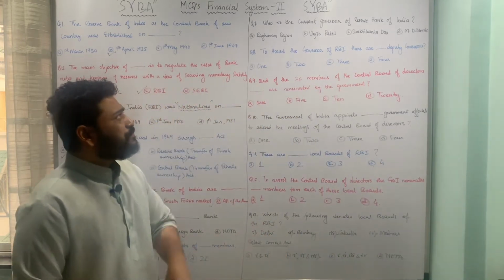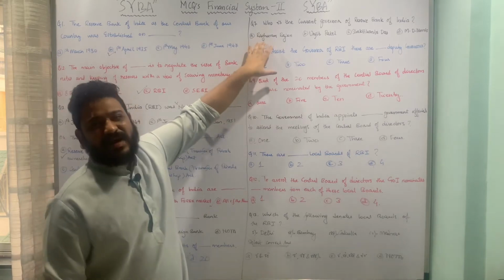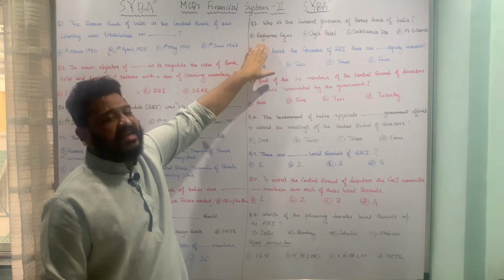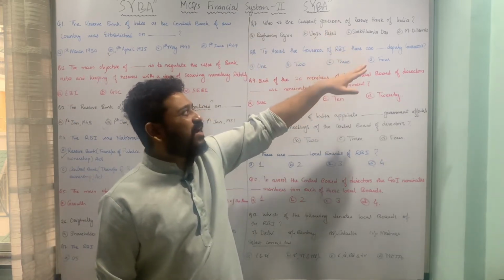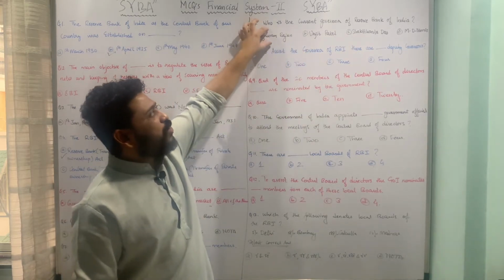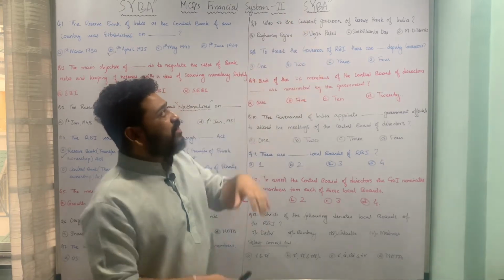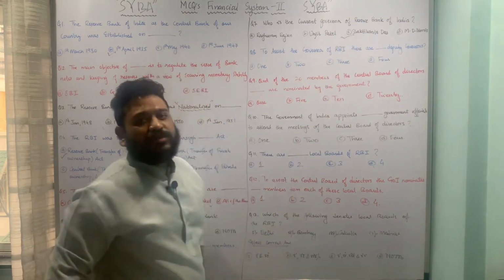The next one is, who is the current governor of Reserve Bank of India? The underlying options are A Raghuram Rajan, B Urjit Patel, C Shaktikanta Das and D MD Morris. So here again a factual question. Raghuram Rajan and Urjit Patel were governors, but now the current governor is Shaktikanta Das, and therefore option C is the correct answer to this particular question.